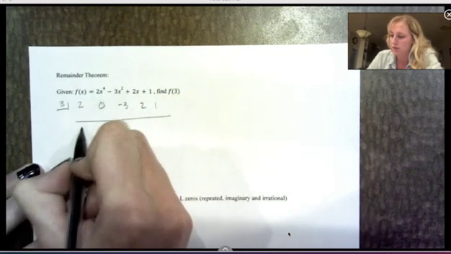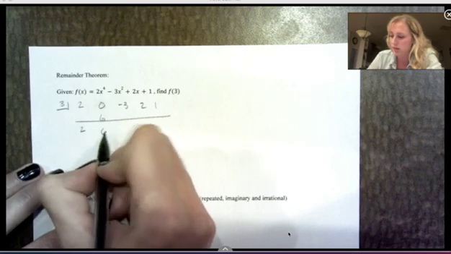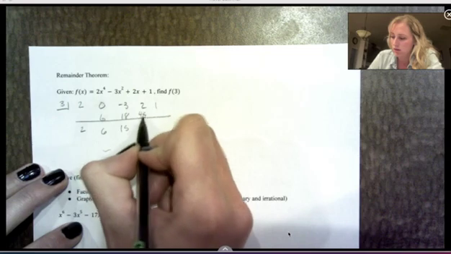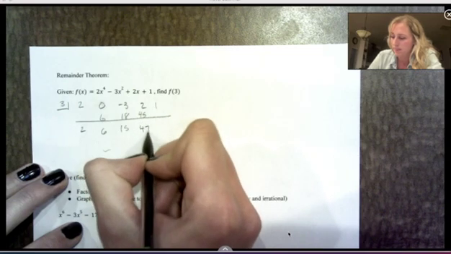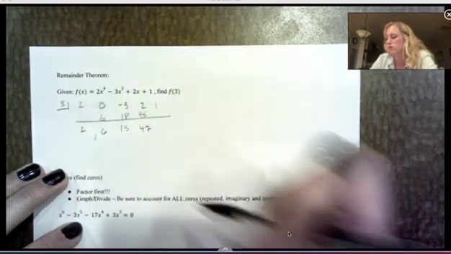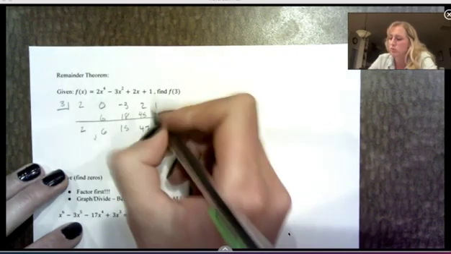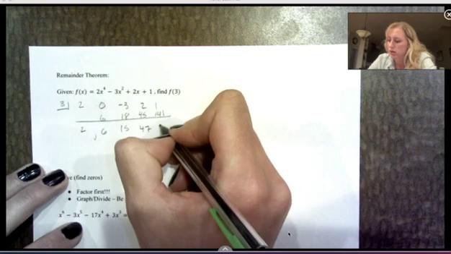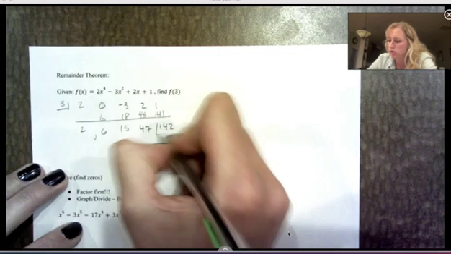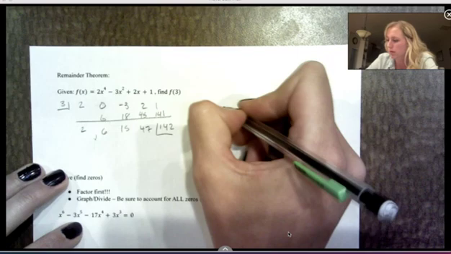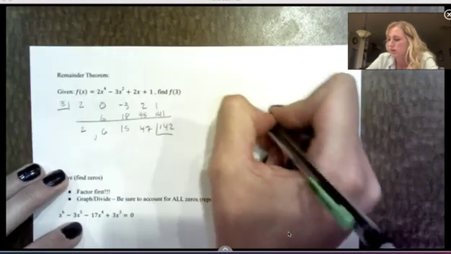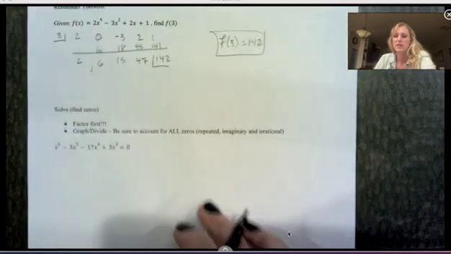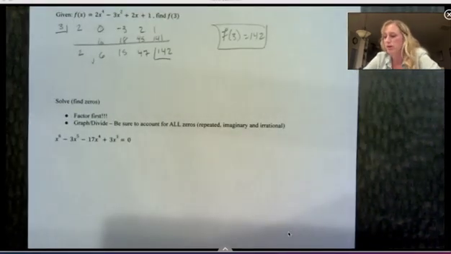Okay, so we bring down our 2, add, 3 times 47 is what? 120, 141, I think. And add 142. So that last number we get is our remainder. So f of 3 is 142.